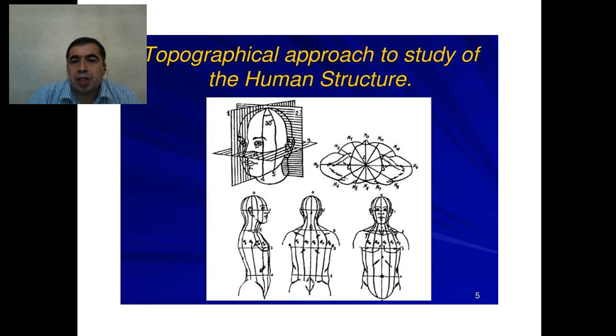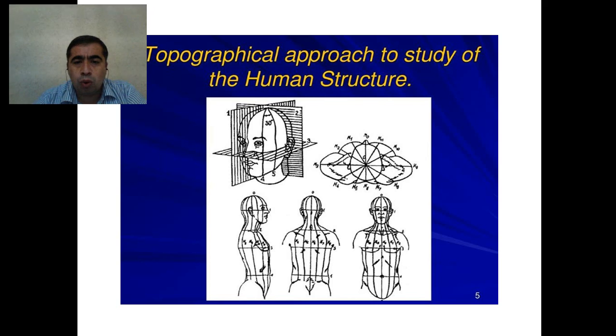Topographical approach to the study of the human structure. Yes, we use the same planes and axes for studying by topographical way of human body organization. You have been informed about the median plane, about the sagittal plane, about the frontal plane and their axes.